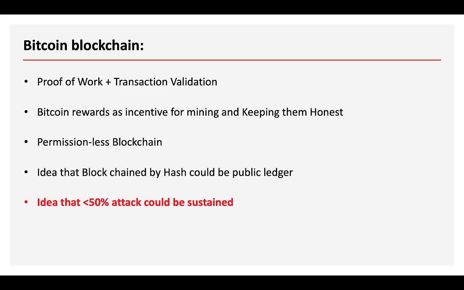And also it was shown in the white paper that unless more than 50% of the hash power goes to a specific miner or a group of miners colluding together, the tamper resistance and everything in the blockchain will be sustainable.